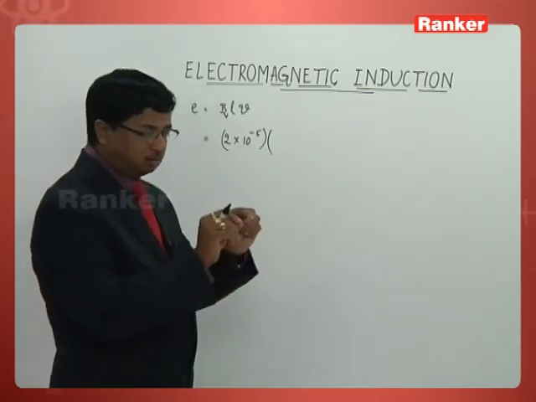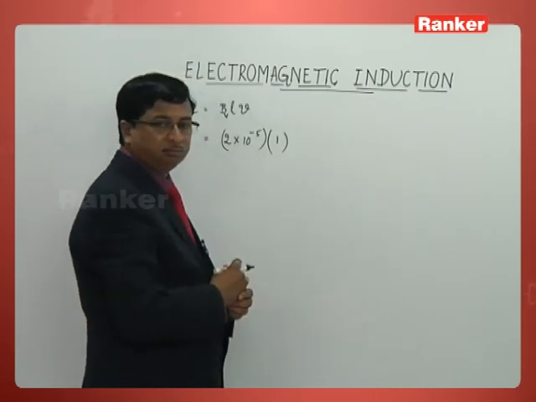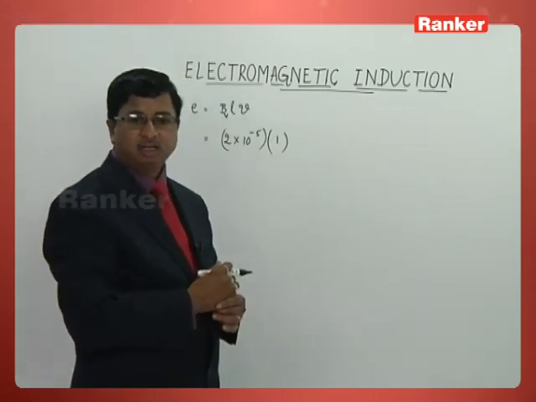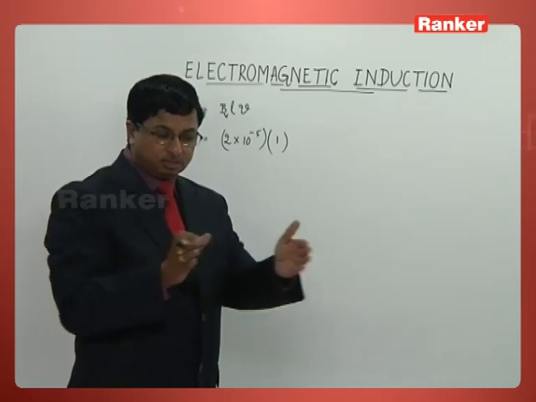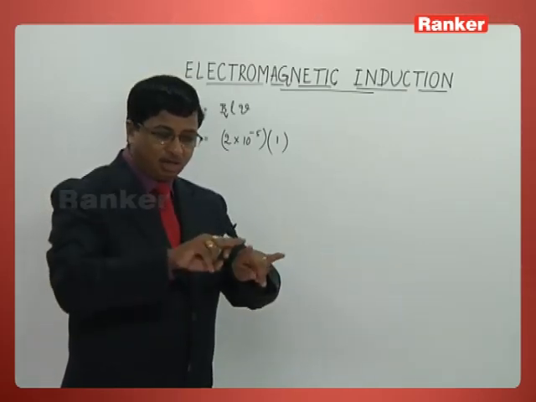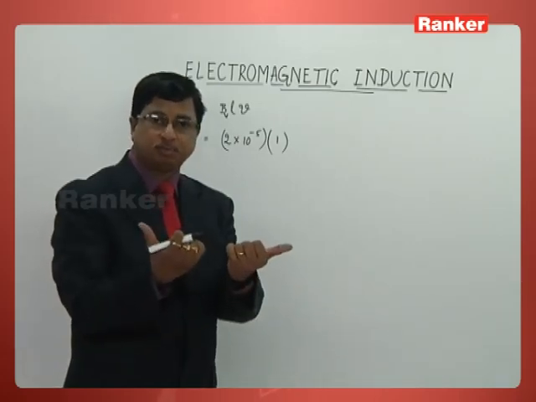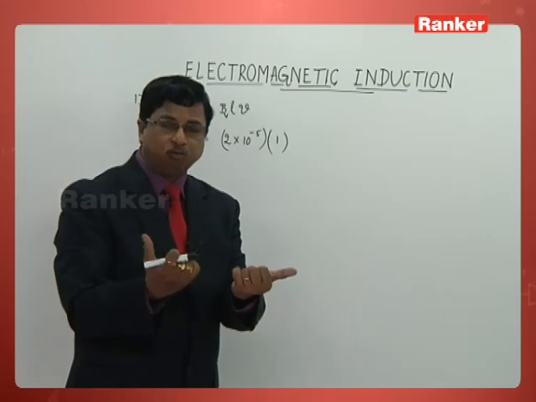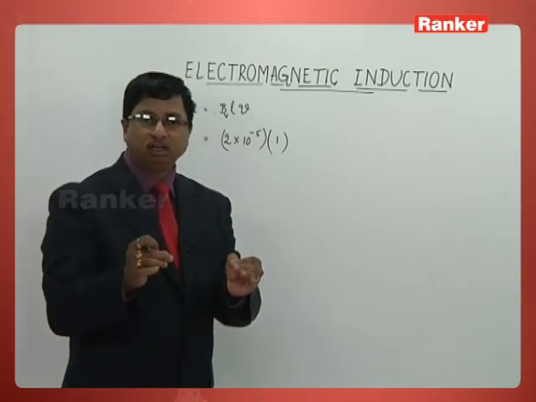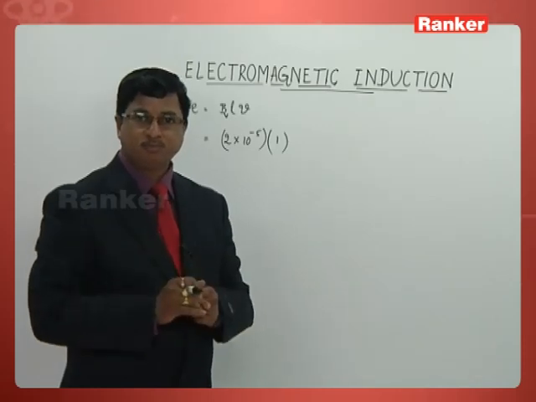What next? Length. It's given a meter. He gave very clearly that the distance between the rails is 1 meter. That means across these two rails only, at a distance of separation of 1 meter, we want to calculate the induced EMF across the terminals of those two.